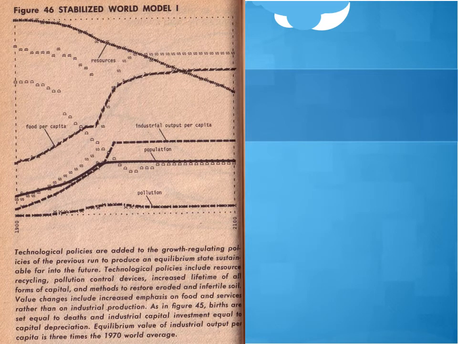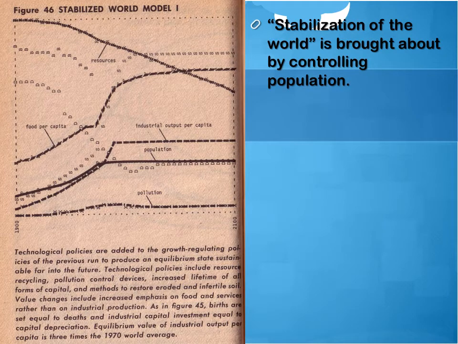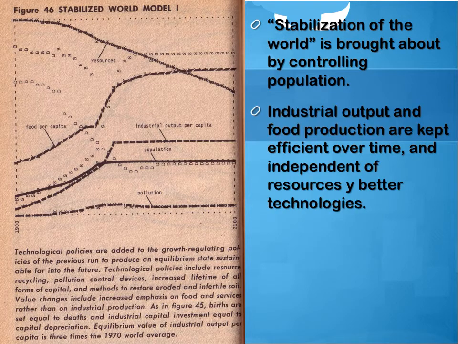Then they looked at what's called a stabilized world model, and again, stabilization is brought about by controlling population, which I think is completely unrealistic. And now industrial output and food production are kept efficient over time, independent of resources, and with better technologies. So that's a piece of it.